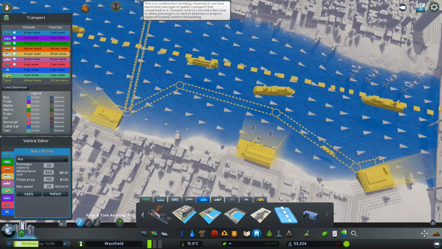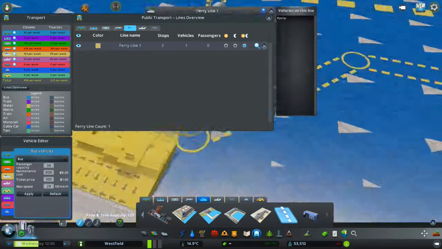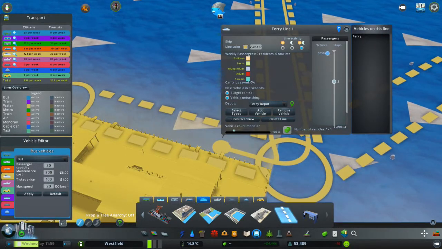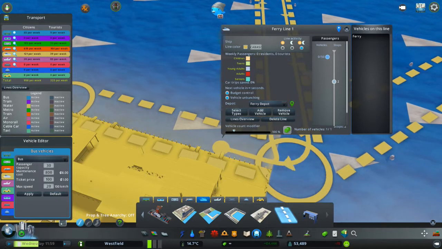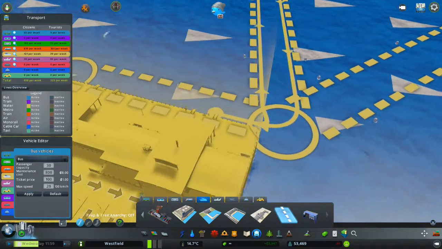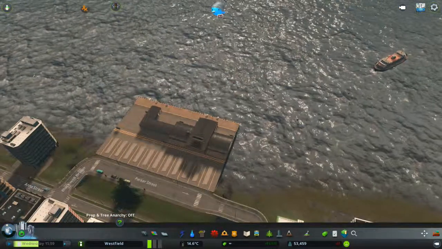So, looking at our ferries, there's our line, and at the moment it's only produced one ferry, which is good news. We don't want too many ferries jumping on this line yet because it's very early days. So, here it comes.